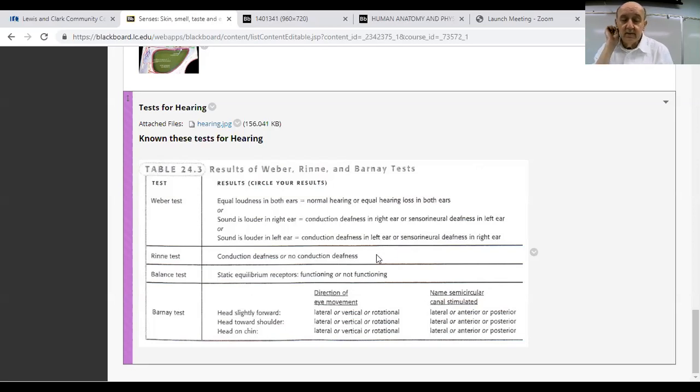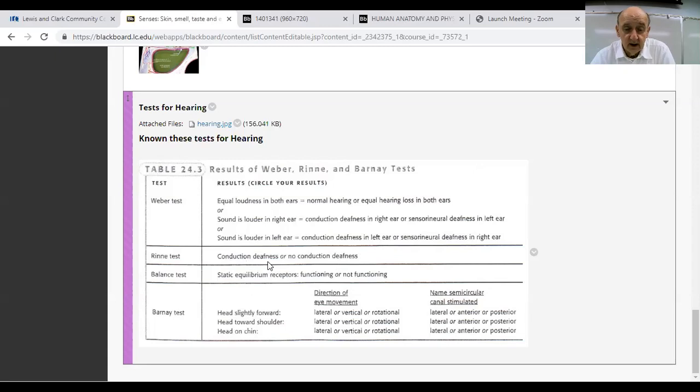when you touch the tuning fork to the bone, the most frequent interpretation is that that is nerve deafness. So in that case, a hearing aid would not help much.